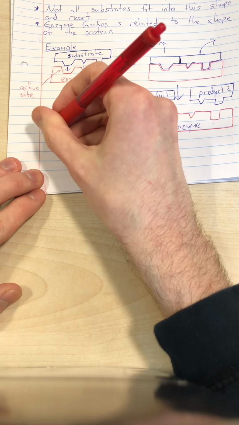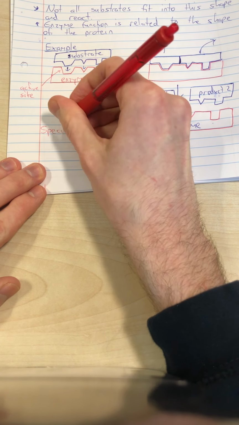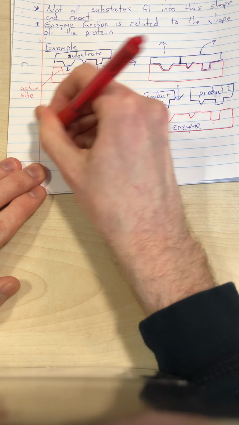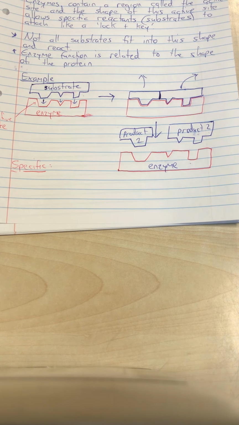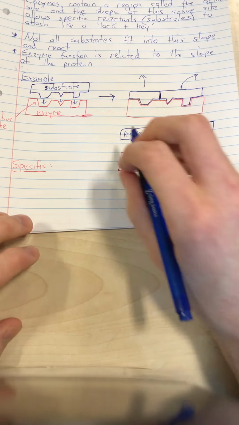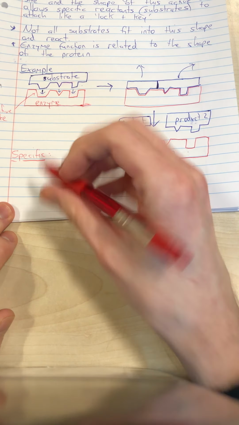Now, I keep using this word specific, yeah, and the enzymes are specific based on the shape of the active site. So, what we mean is that enzyme is specific to that substrate.